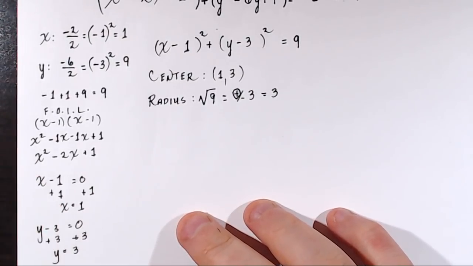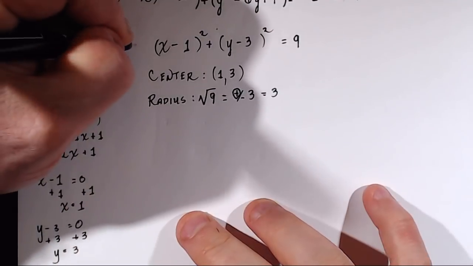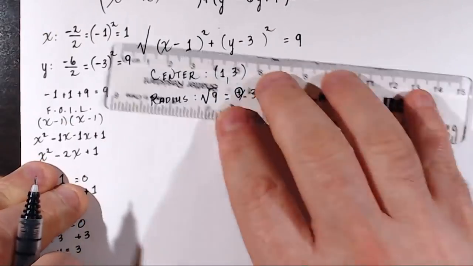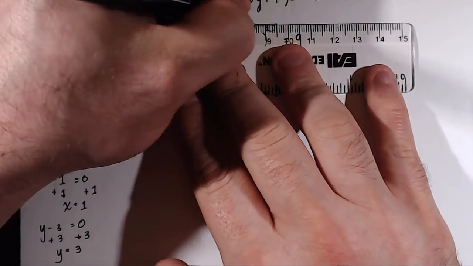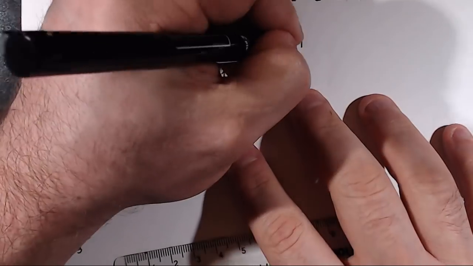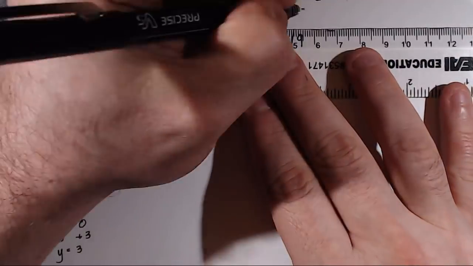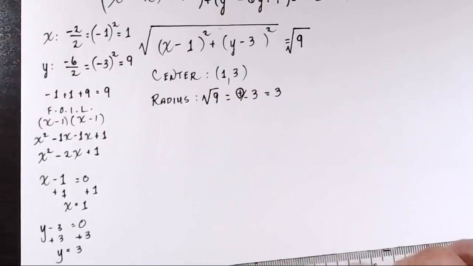Okay? So if you were to take the square root of the left side, you would have to then do the same thing to the right side. You'd have to take the square root of the right side.